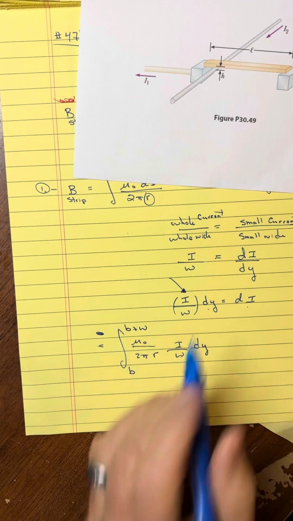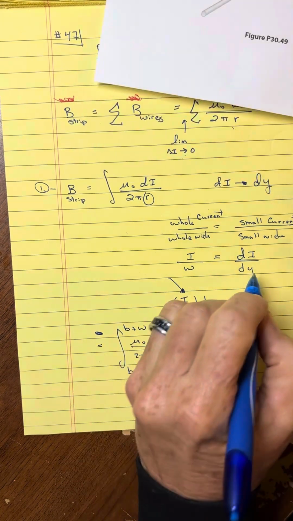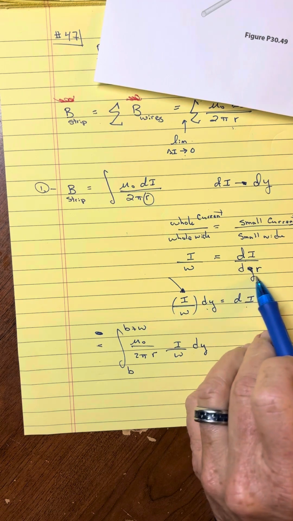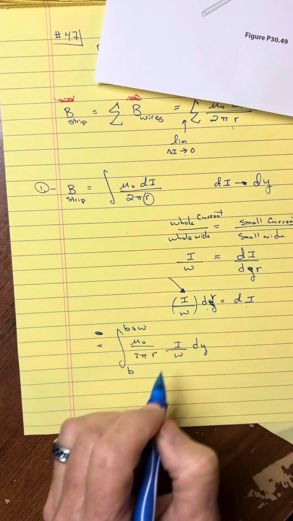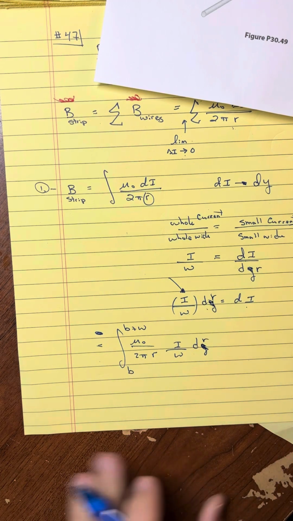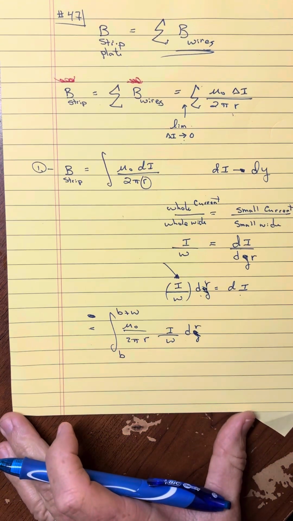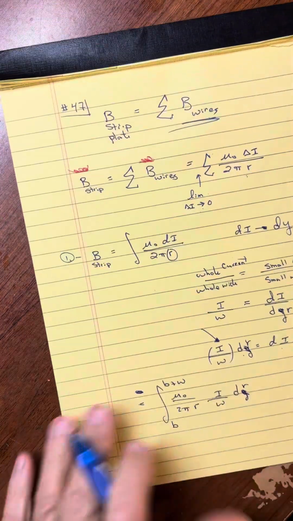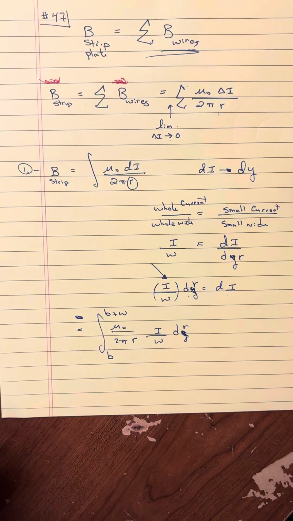And I like that. Of course, now that means I really need to come back up here and call this a small current over a small width dr. And so this is a dr, and then this is a dr to make it match. But I think it's worth changing our grid for that.